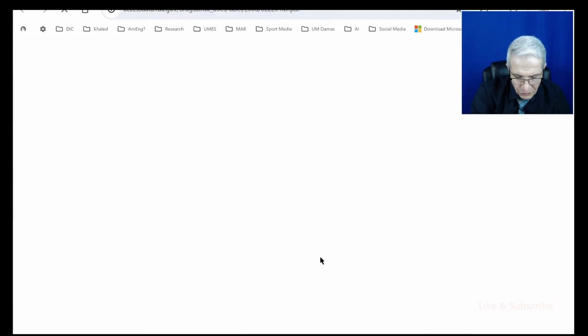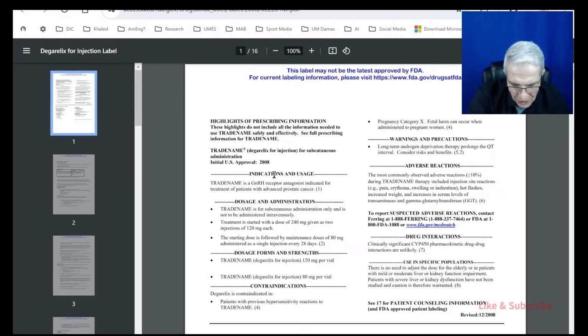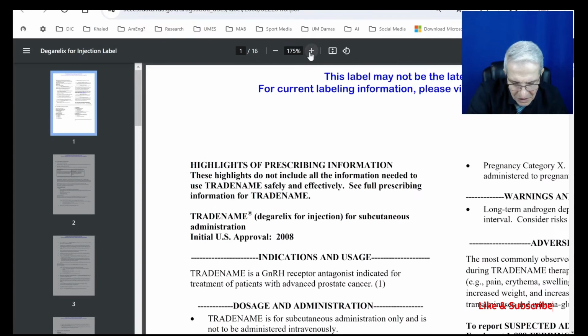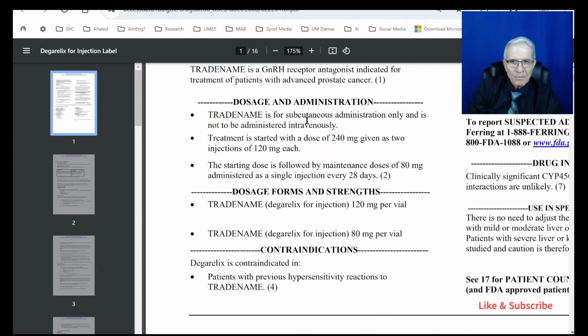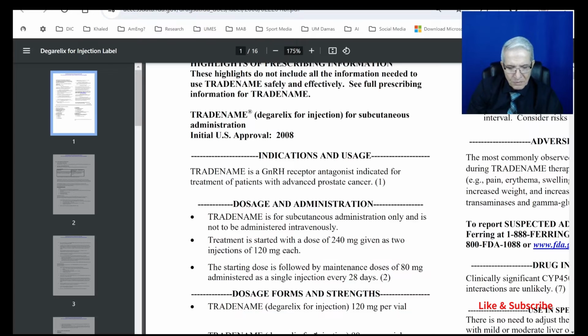Let us click on this one here, and this will take you to degarelix. Let us maximize the page a little bit. Degarelix is a subcutaneous injection, and if you scroll down a little bit and read the clinical use, this medication is used for advanced prostate cancer treatment.